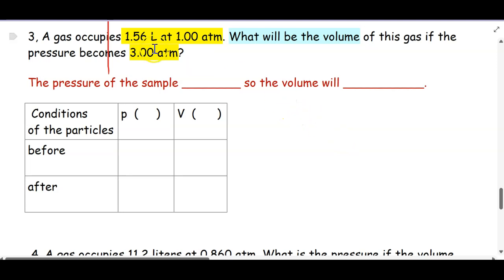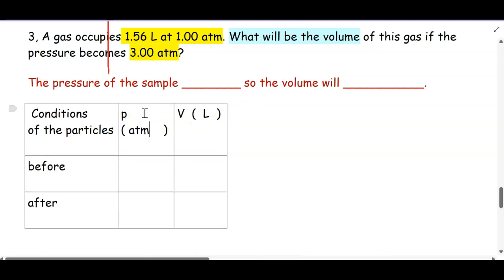The unit of volume is liters. So we will get our final answer in units of liters as well. Did you put ATM there?